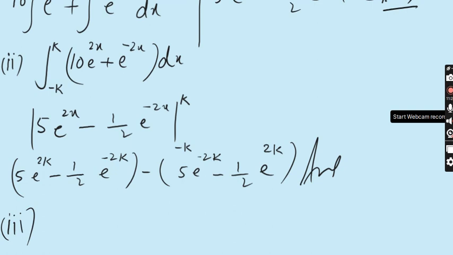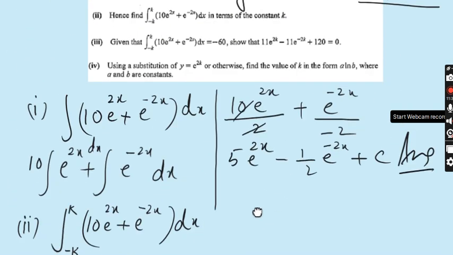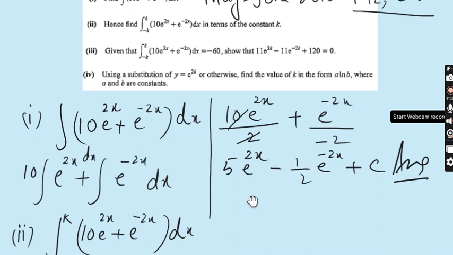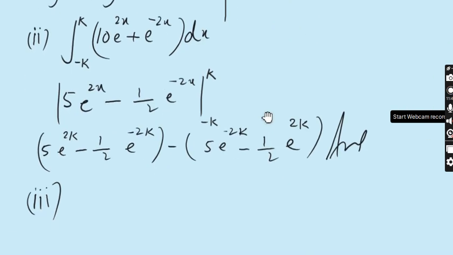Next, part 3. Part 3 is: given that the integral of 10e^(2x) plus e^(-2x) dx is equal to minus 60, show that 11e^(2k) minus 11e^(-2k) plus 120 is equal to 0. Very easy.